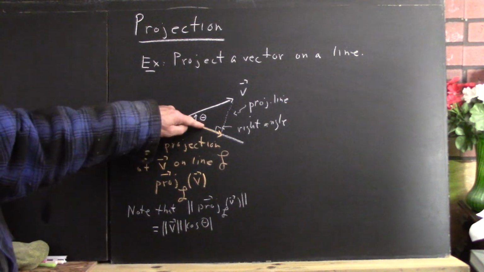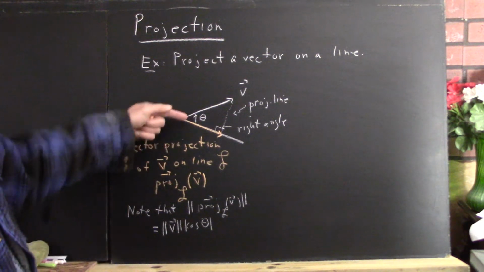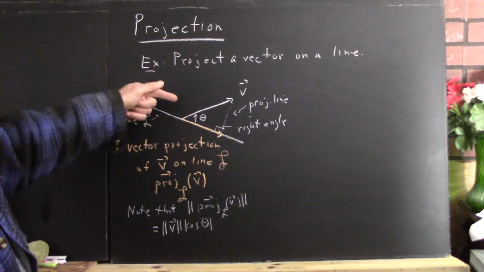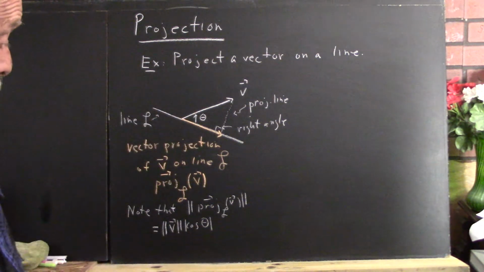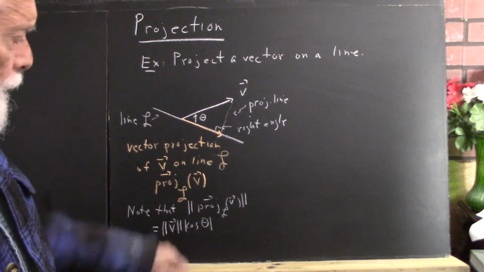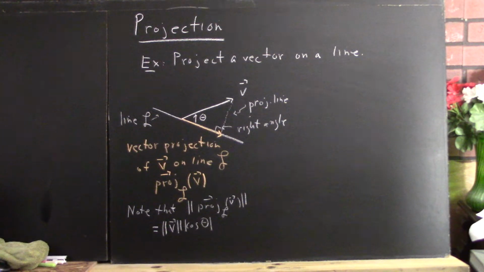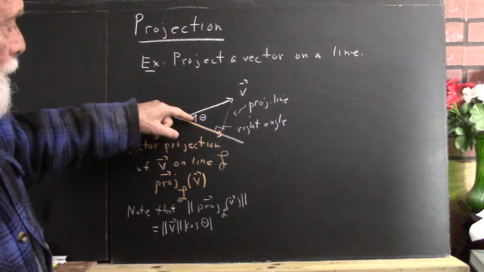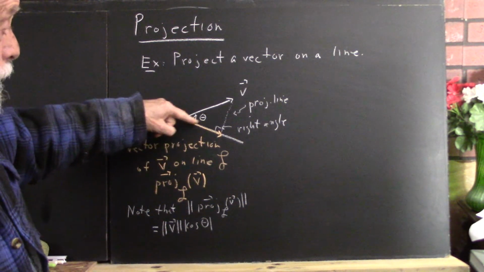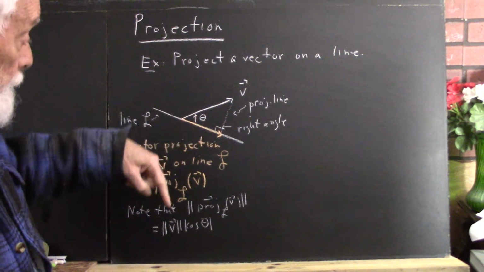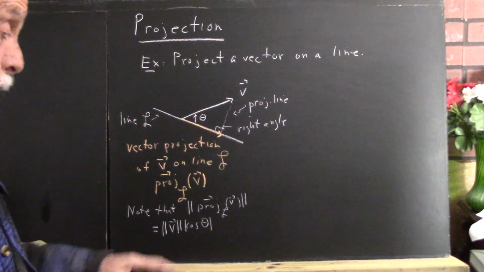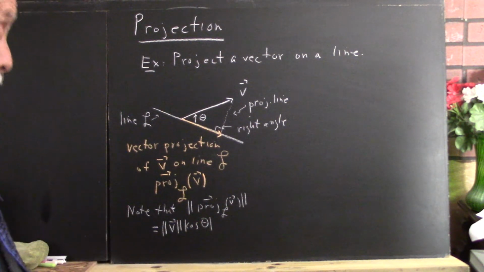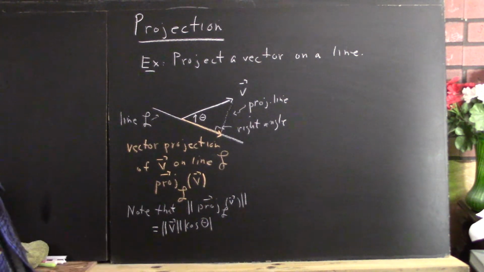Remember, theta isn't necessarily an acute angle. We could measure a theta from here around to here. It would have a negative cosine, so we put absolute values around the cosine. Now, if we're doing a vector and a line, and we make the convention that theta is the closest angle of the vector to the line, then we don't really need the absolute value signs around the cosine. But just to be safe, we want to put that there, and also because of what we're going to do next.